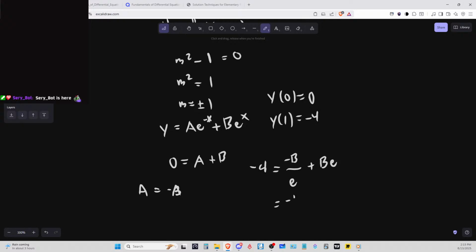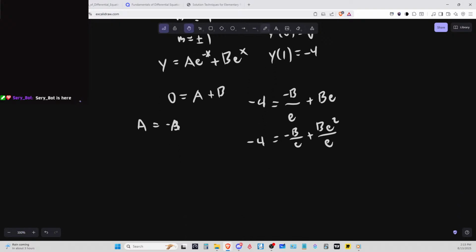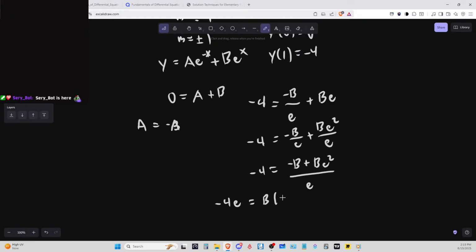So in that case, so we do this, then B, so let's just multiply that. And B is equal to -E.